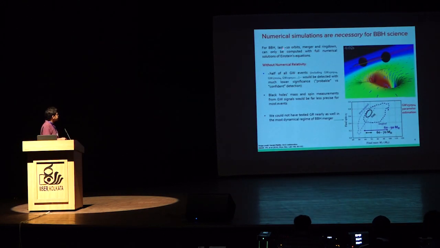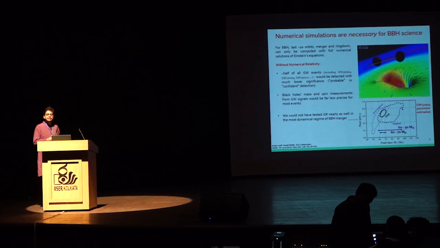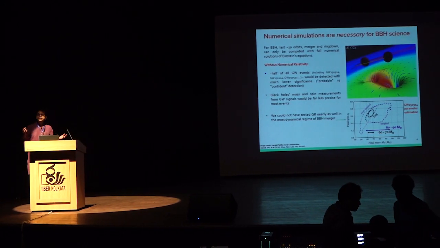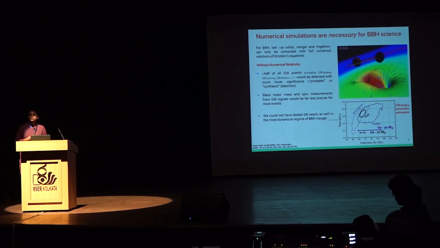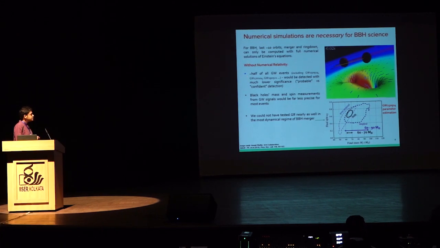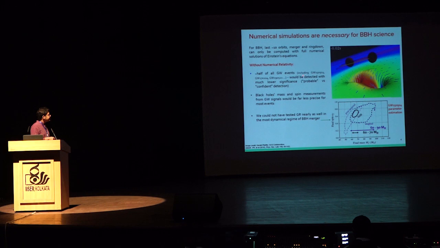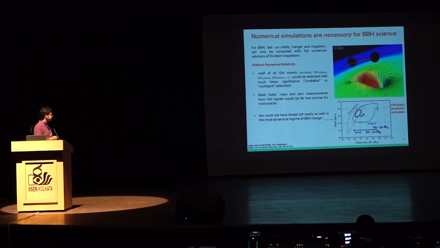So numerical simulations are, in fact, we found that they're necessary for binary black hole science. Why? Again, remember the first slide. We have an unexpectedly large number of rather massive black hole mergers that we are seeing. And so in order to do justice to most of these events that we see in the gravitational wave spectrum, we need information in the truly strong field regime of the process.